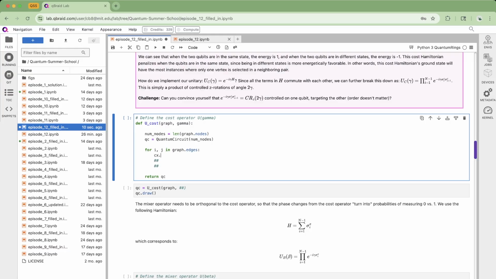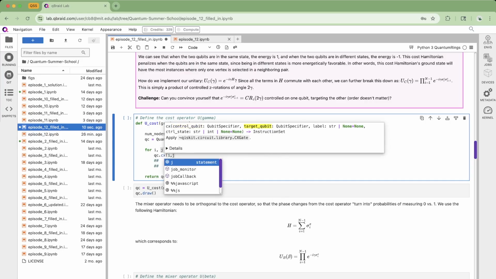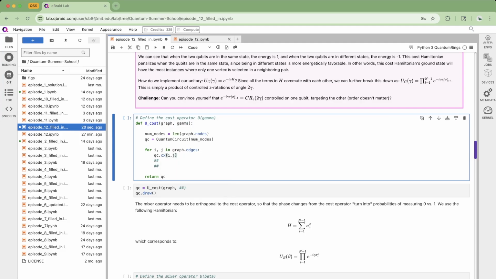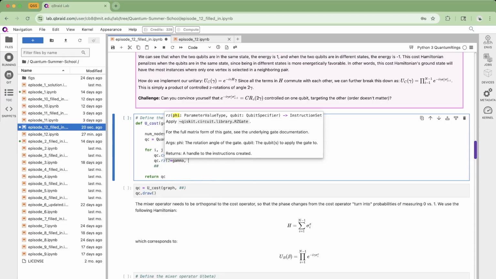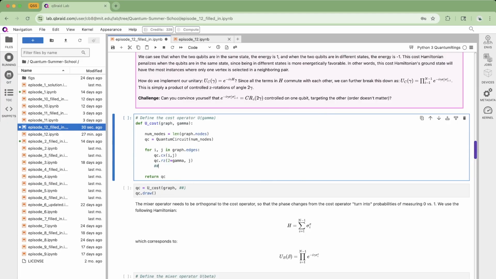So let's do a controlled X, controlled on i, targeting j, and then we're going to do a Z rotation of angle 2 gamma on j. And then we're going to do another controlled X.